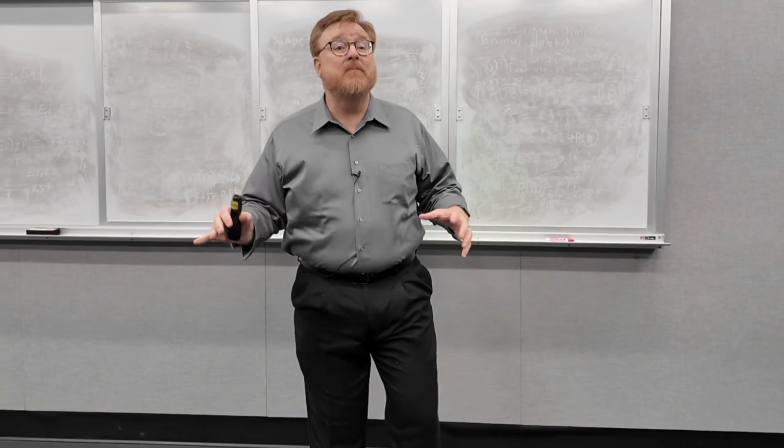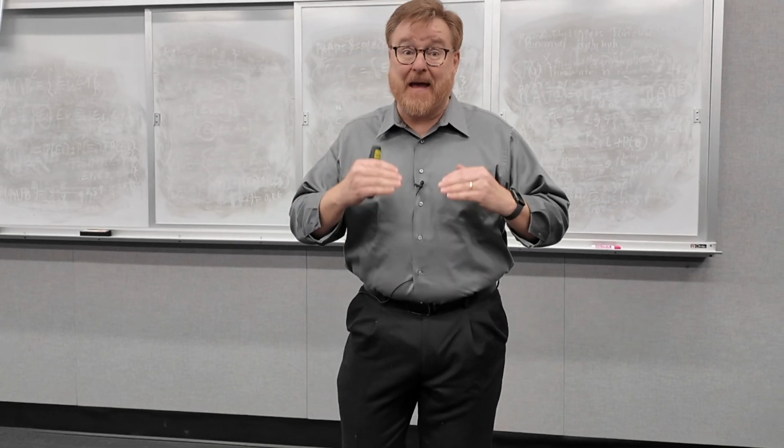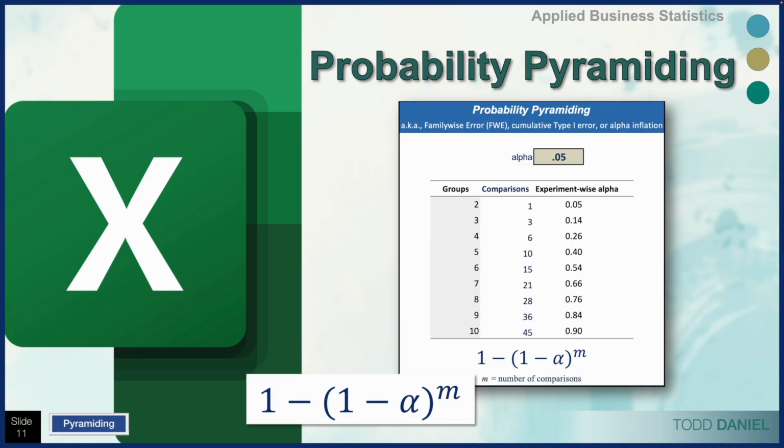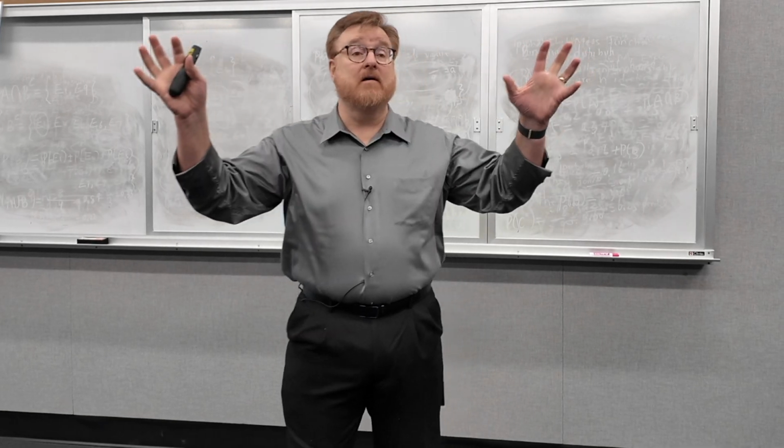You have probability pyramiding, in which your alpha level goes up exponentially. Let me illustrate this. In the spreadsheet for this week, there is a tab called Pyramiding, and it shows you what happens when we increase the number of groups, which increases the number of comparisons, and what we call the experiment-wise alpha. Experiment-wise means over the whole model.